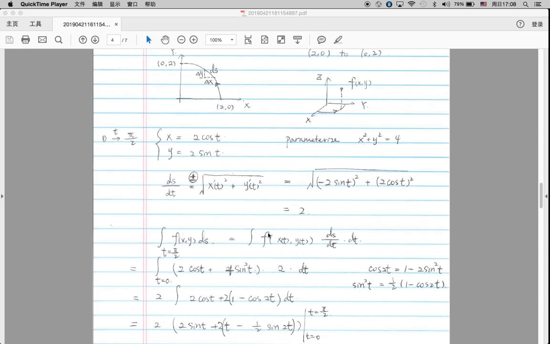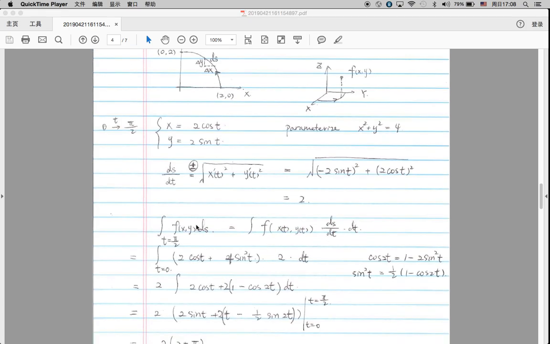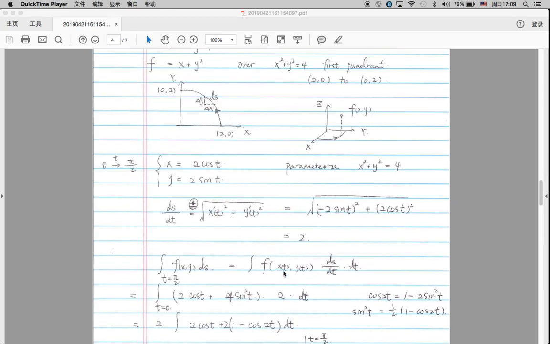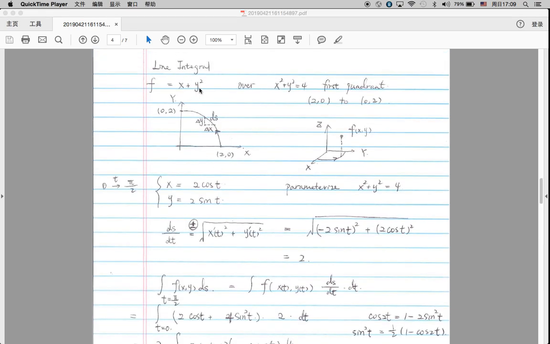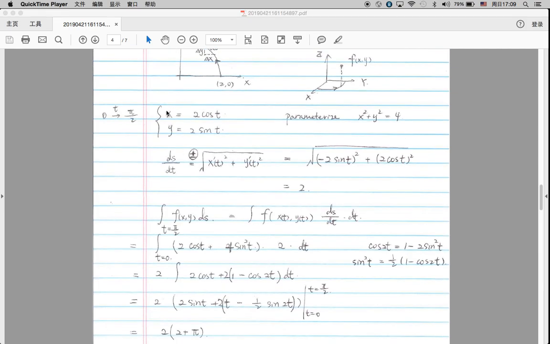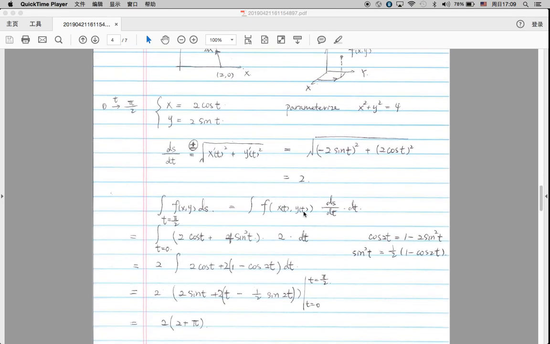So f of x and y is x plus y squared, and plugging in these two variables here is just 2 cosine t plus 4 sine squared t, and we also have ds over dt here. So ds over dt is actually just 2, so we put down the 2 and then dt here.